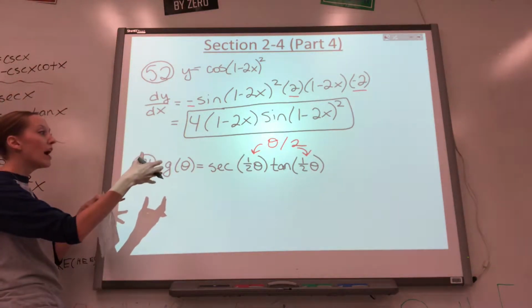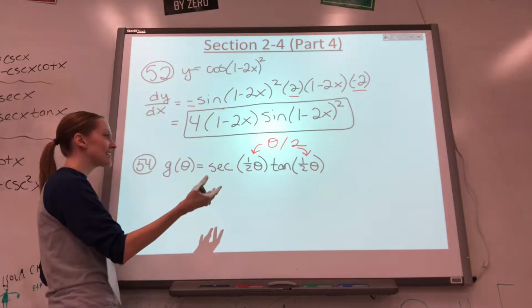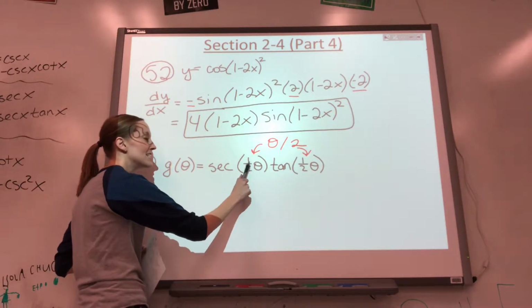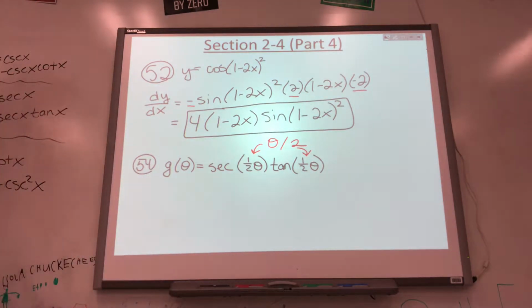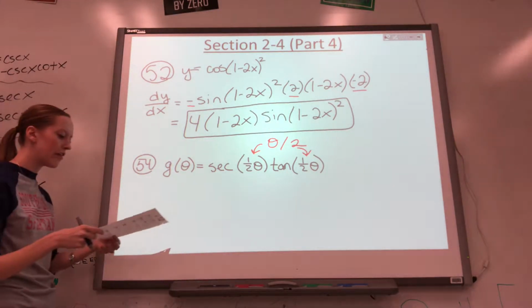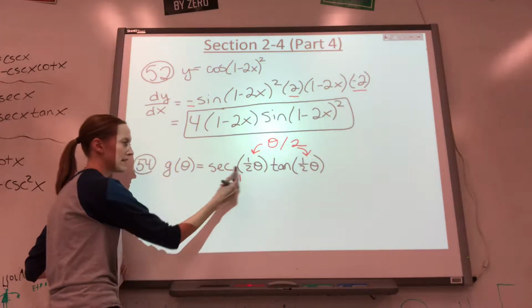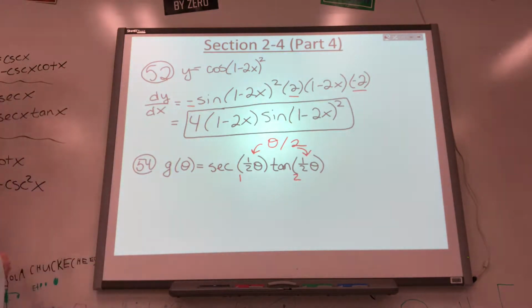If I look at what they've given me, and they're using theta instead of x's, but it's something with theta times something with theta. This is going to at least start out with the product rule. So 1 is the part with secant, 2 is the part with tangent.